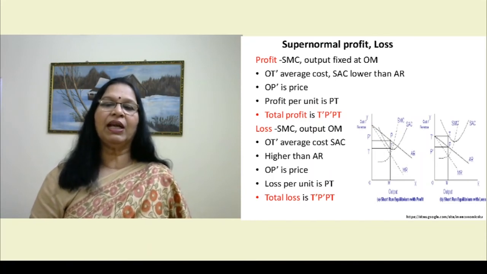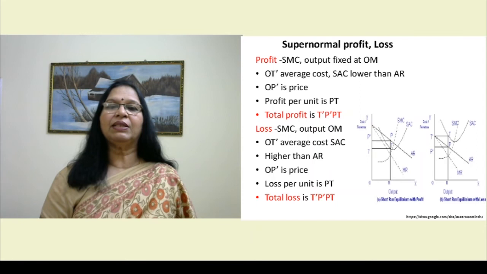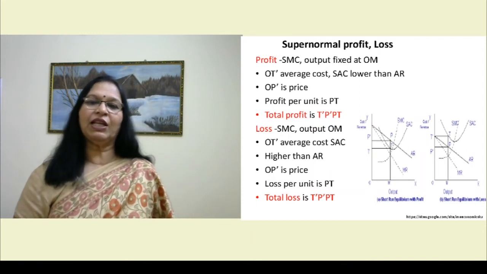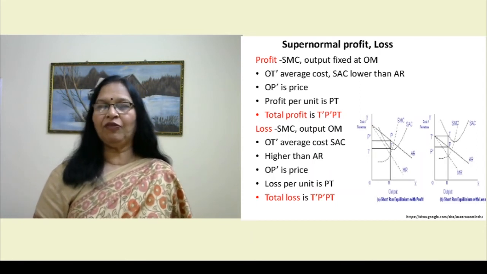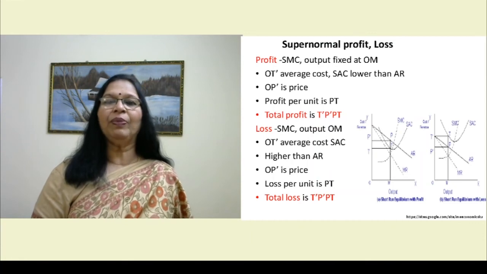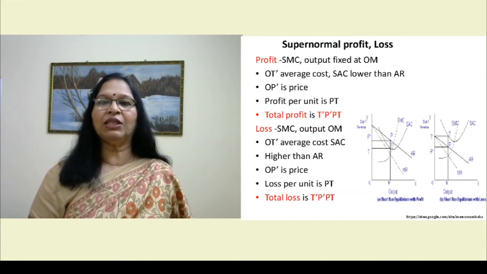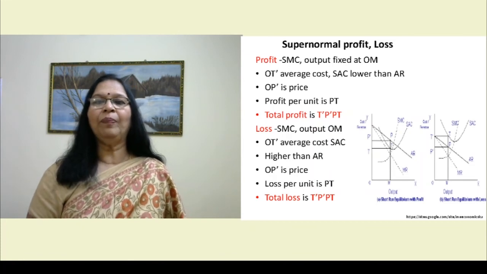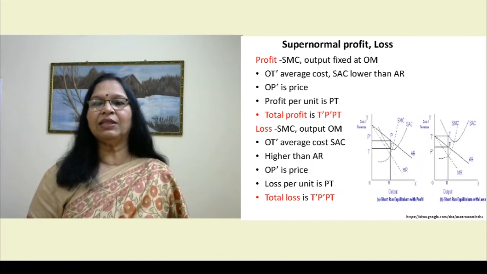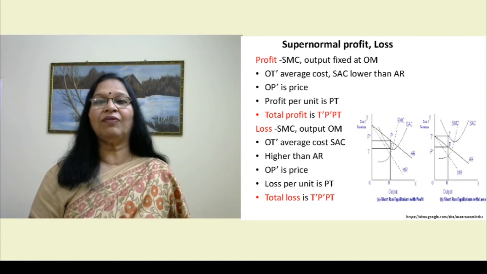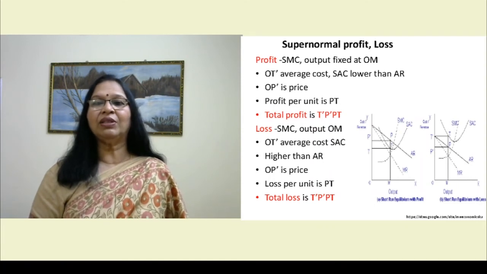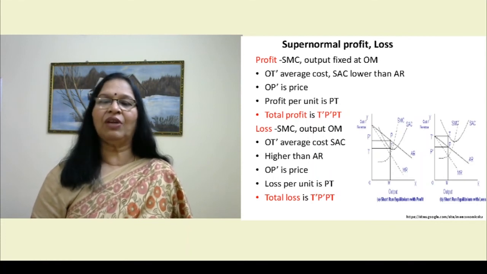In this particular diagram also you can see that the output is fixed at OM, both for the loss-making firm and the profit-making firm, with MC equal to MR. The output that is determined is OM, and OT dash is the average cost when the short run average cost is lower than the short run average revenue curve.